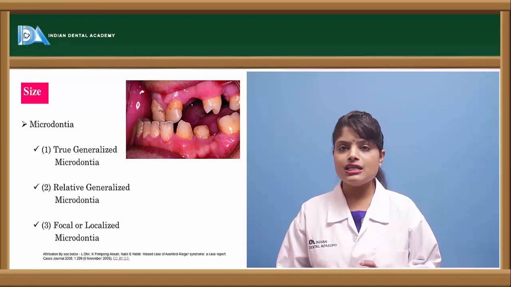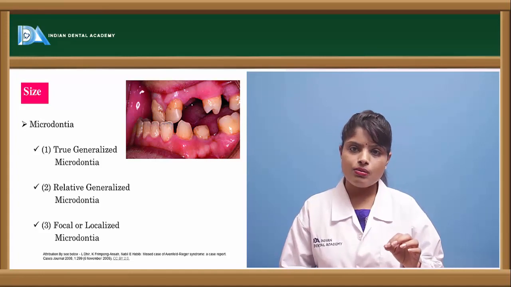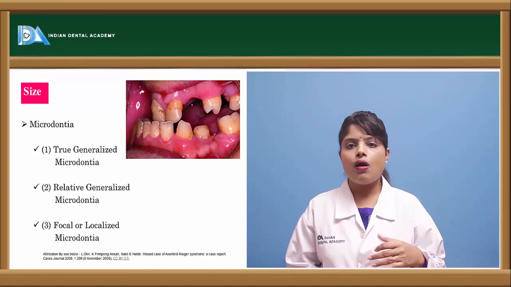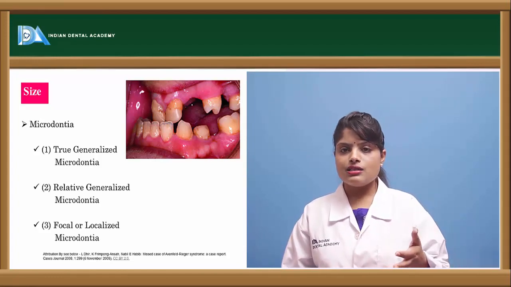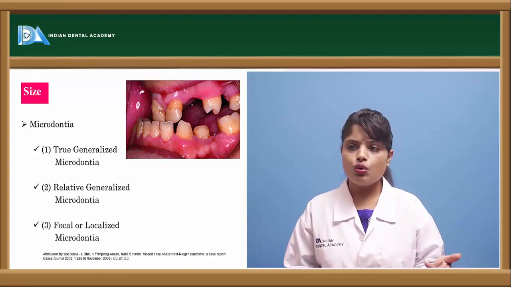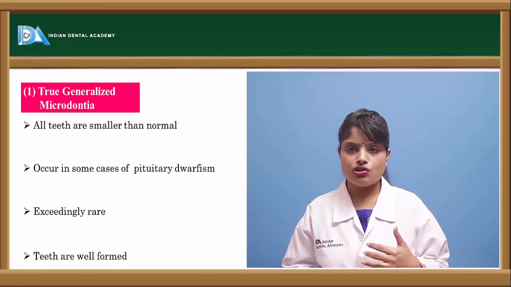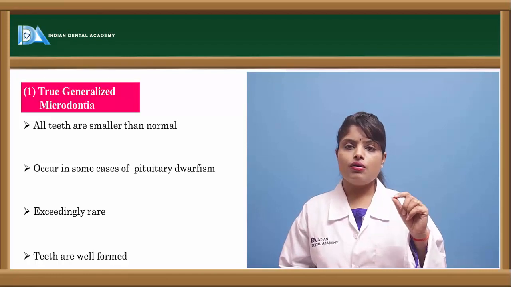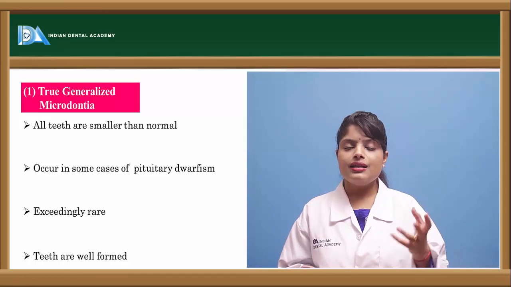As I have already explained, microdontia is a smaller size of the teeth than the normal size of the tooth structure, which is generally found in children or in an adult. It can be true or generalized microdontia, focal microdontia, or a pseudo or relative generalized microdontia. So what is a true microdontia? In true microdontia, generally all the teeth in the oral cavity will be smaller than the normal size.